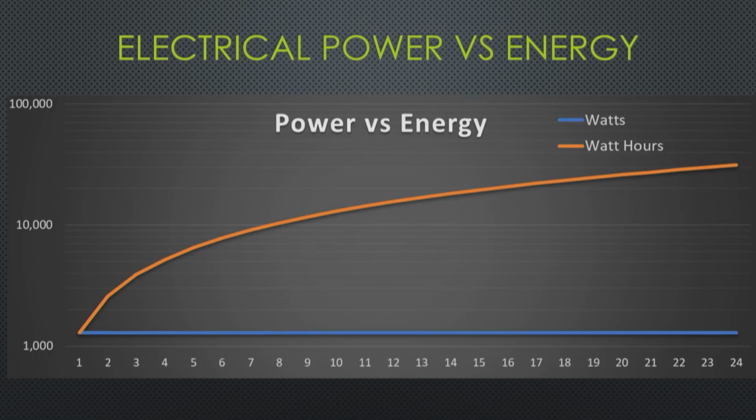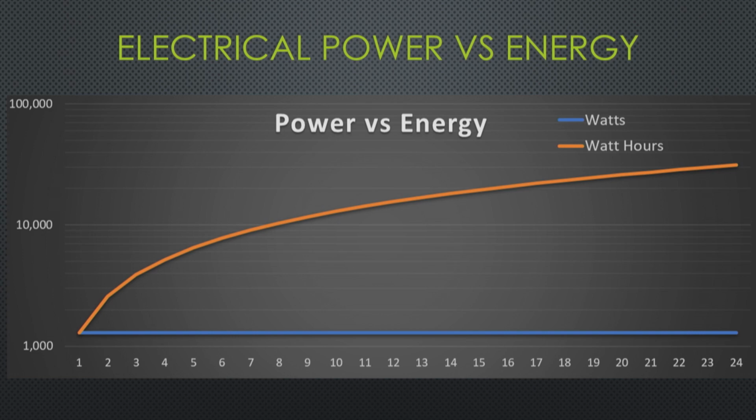I tried to visualize it in a quick graph. This is a logarithmic scale, but the blue line here, the watts, is the instantaneous consumption of, let's say, an Antminer S9. It's about 1,300 to 1,600 watts, and that would be constant if you were mining over, say, a 24-hour day.